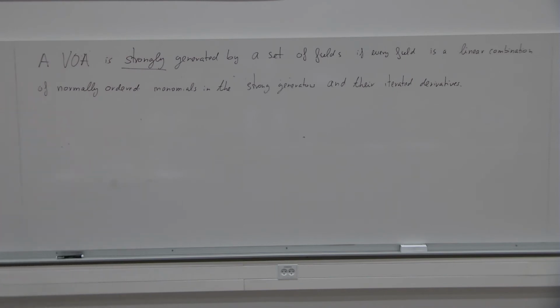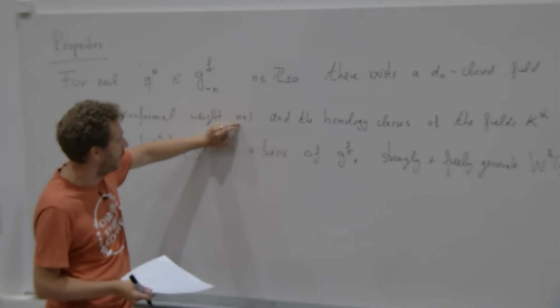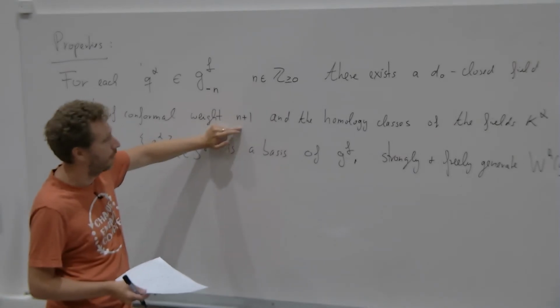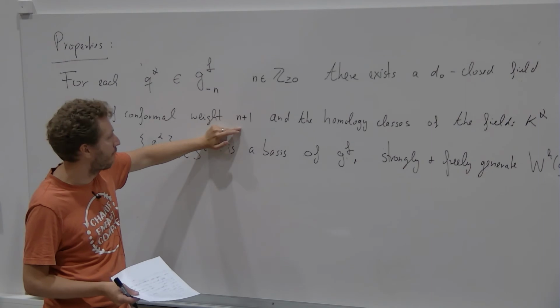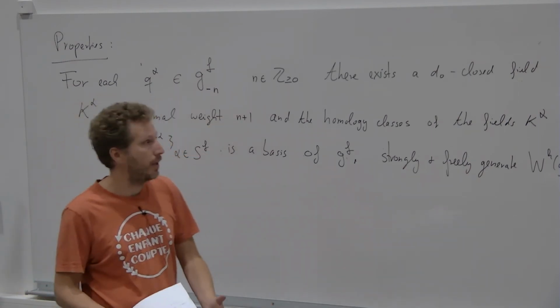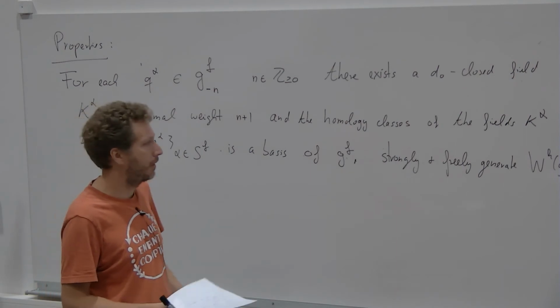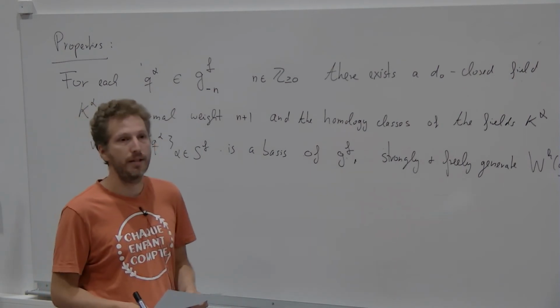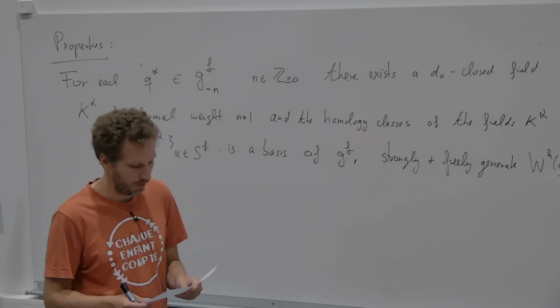And you take this theorem and say, okay, I have a lowest weight, for example, lowest weight minus n, then I get a corresponding strong generator of conformal weight n plus 1. And so that means I at least know via the structural theorem what type of vertex algebra in terms of strong generators I do get.